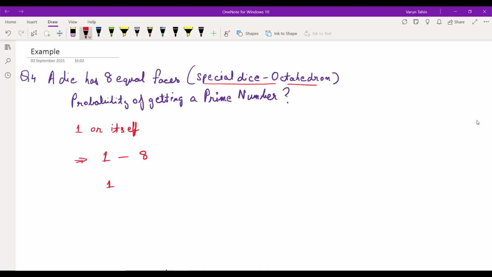So 1 is neither composite nor prime, so we'll exclude this. 2 is a prime number, then 3 is a prime number, then 4 is not a prime number, then 5 is a prime number, and then 6 is again not a prime number, then 7 is a prime number, and then 8 is again not a prime number. So we have 4 numbers out of 8. So we have a probability of 1 by 2.